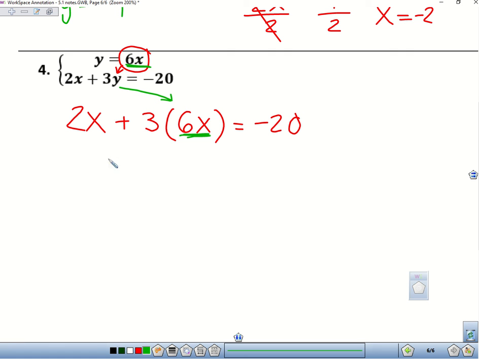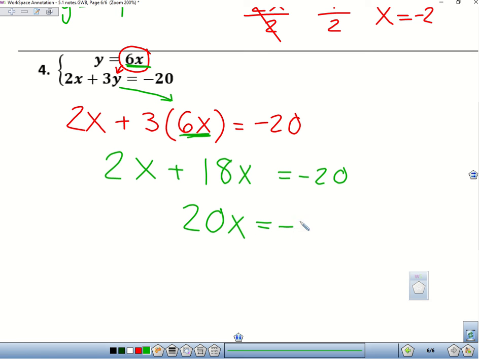Now you just solve this. So this is 2x plus, what's 3 times 6x? 3 times 6? 18. 18x equals negative 20. What's 2x plus 18x? 20x.